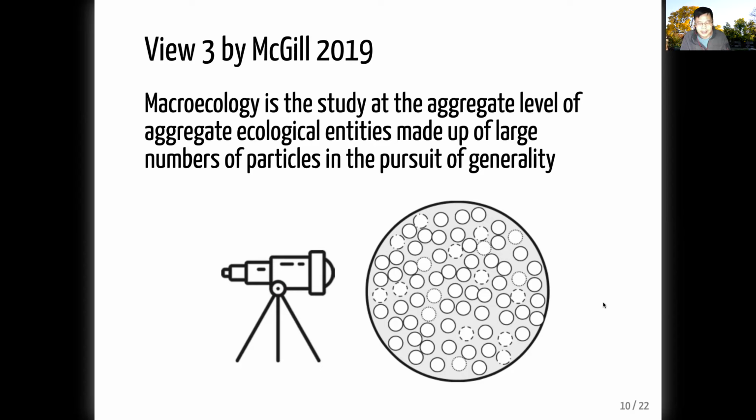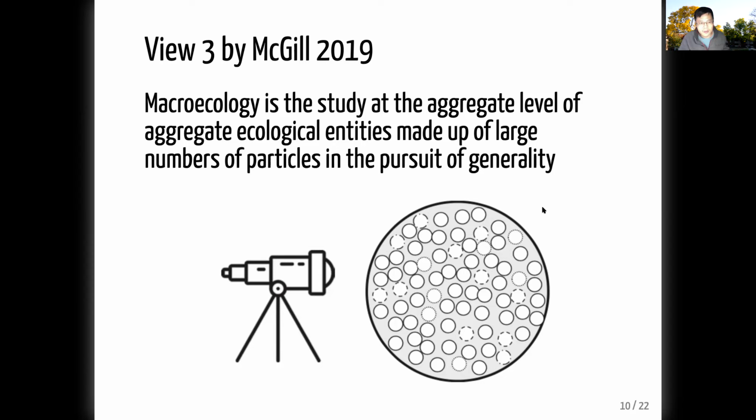That focuses on aggregated units and aggregated levels instead of just scales, like the first view, but it also sort of combines the first two views to form the third view here. So that's what we learned from the reading paper: the different views of what macroecology is.